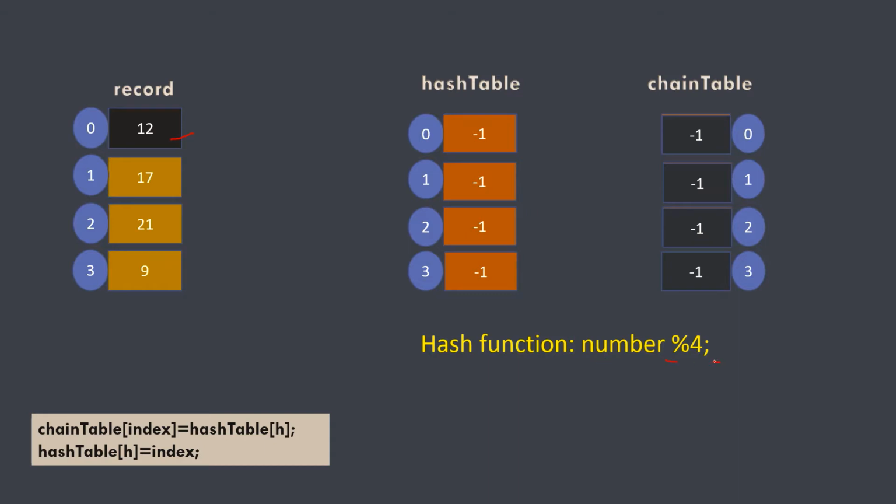One more question we need to answer: what will be the size of our hash table and the size of the chain table? The chain table will always be the size of our record table. The record table is size 4, so our chain table size will be 4.